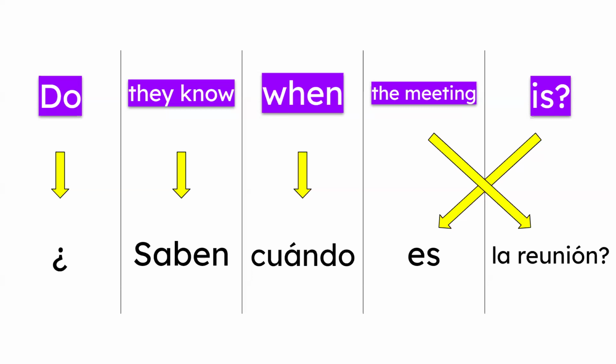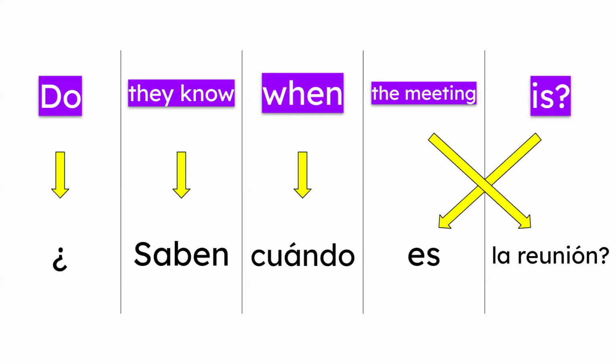And the whole sentence goes, ¿saben cuándo es la reunión? So in this case, we are learning the second use for this.